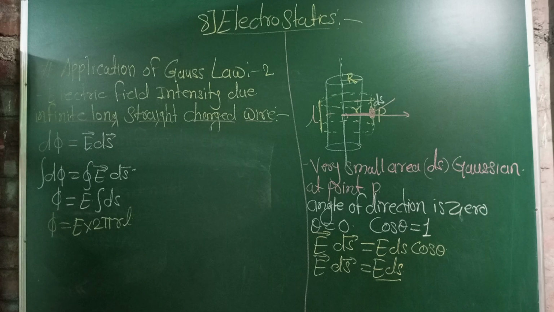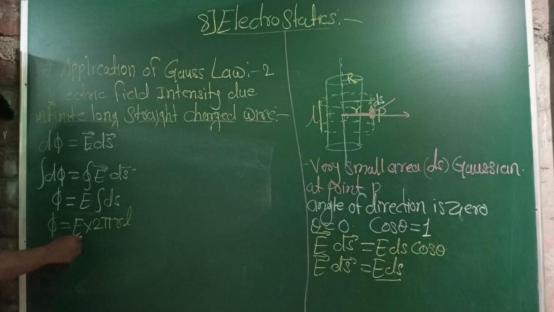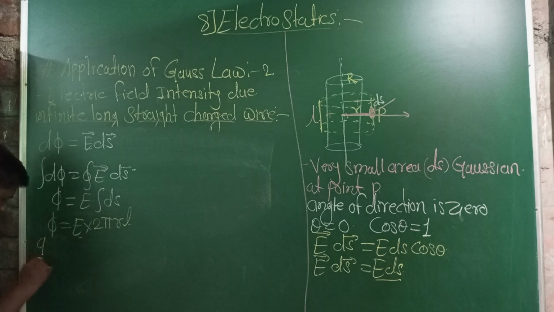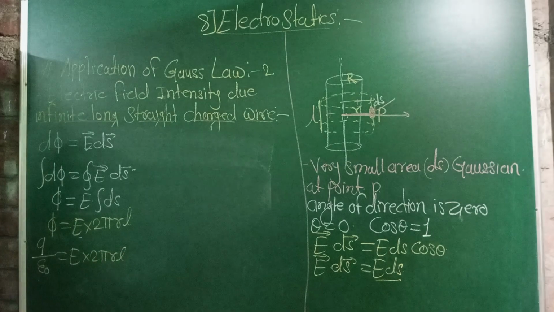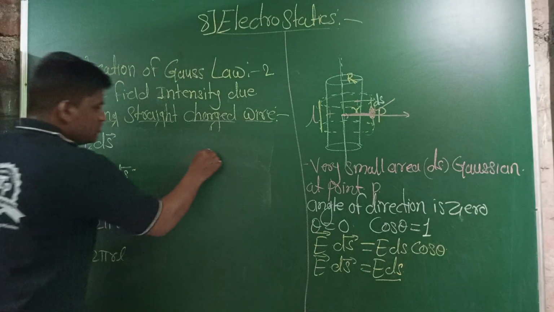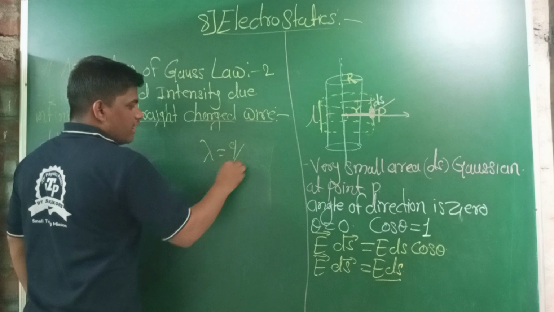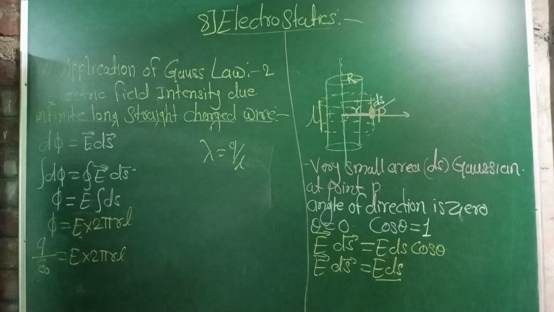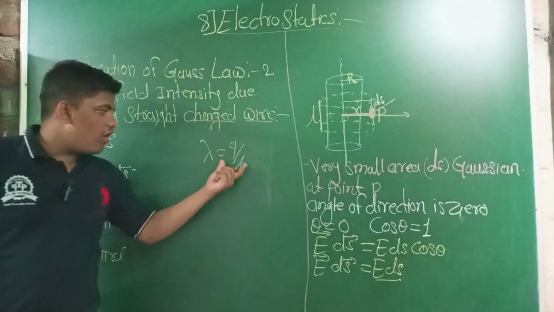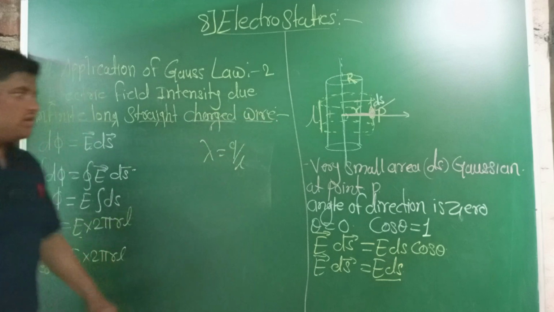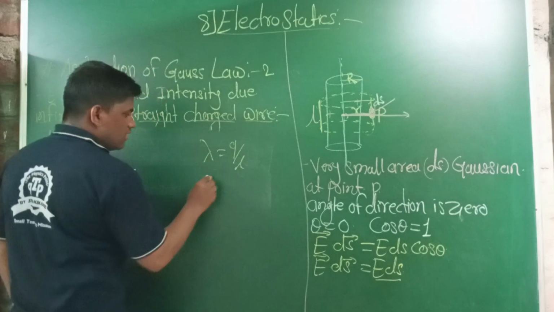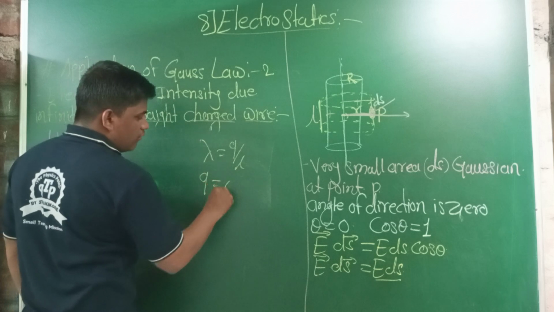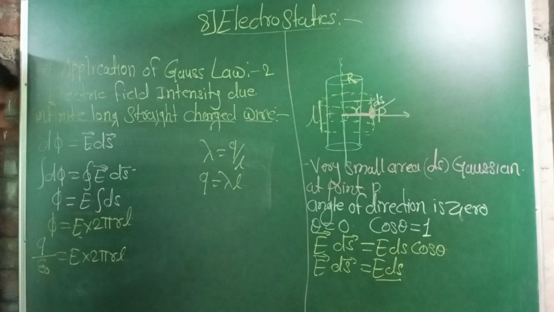Then we know that the electric flux is equal to q upon epsilon 0, that is equal to E into 2 pi r into l. The linear charge distribution written here is q divided by l, the linear charge density of that particular Gaussian surface or infinite wire, so q is equal to lambda into l.